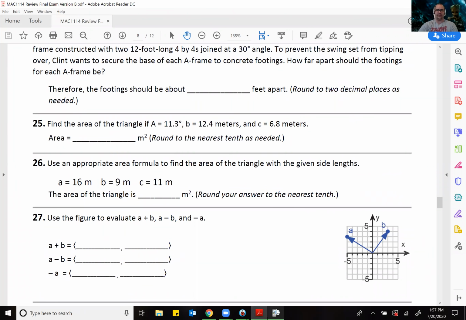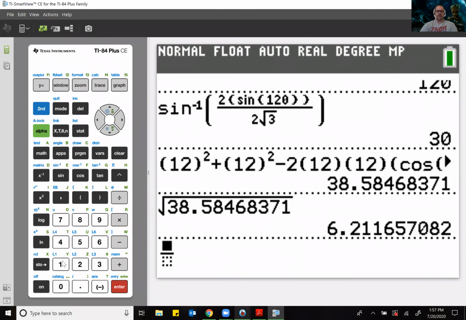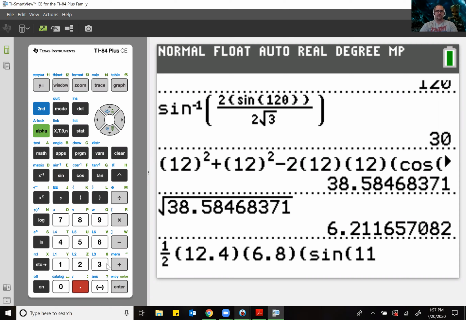So that would be 1 decimal place. So A equals 1/2 times 12.4 times 6.8 times sine of 11.3.